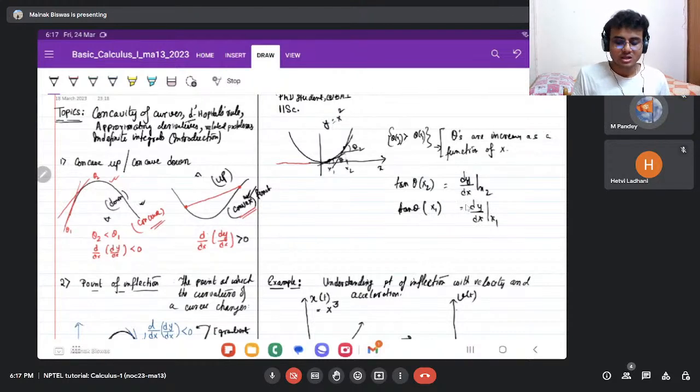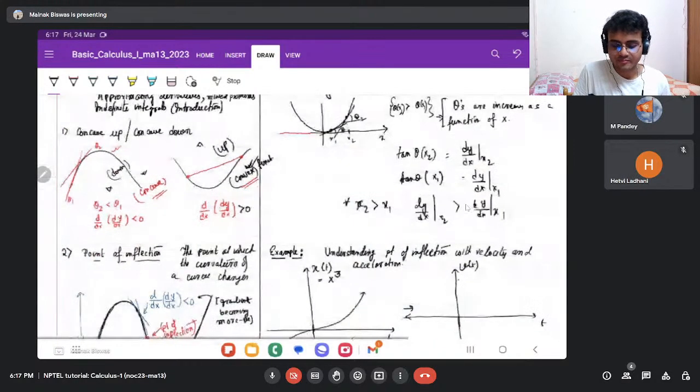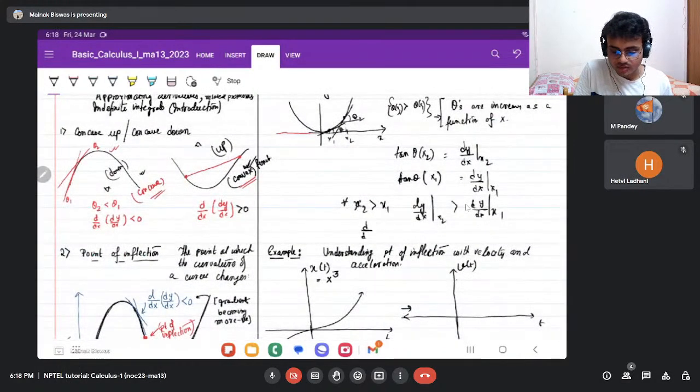So now, if we see for all x2 greater than x1, dy by dx at x2 is greater than dy by dx at x1. So what can we say? We can say d by dx of dy by dx is greater than 0, right?